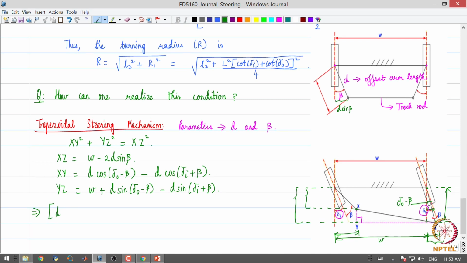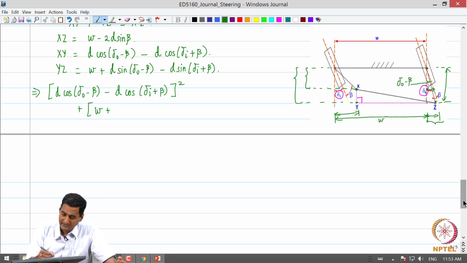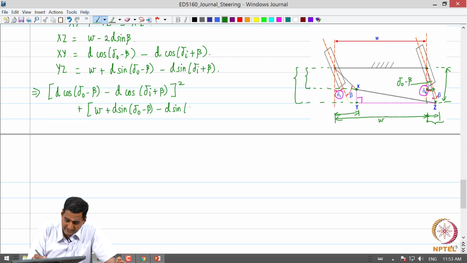I will quickly explain what this means once I write down this expression. So we have [d cos(delta O minus beta) minus d cos(delta I plus beta)] whole squared plus [w plus d sin(delta O minus beta) minus d sin(delta I plus beta)] whole squared is equal to [w minus 2d sin beta] whole squared.